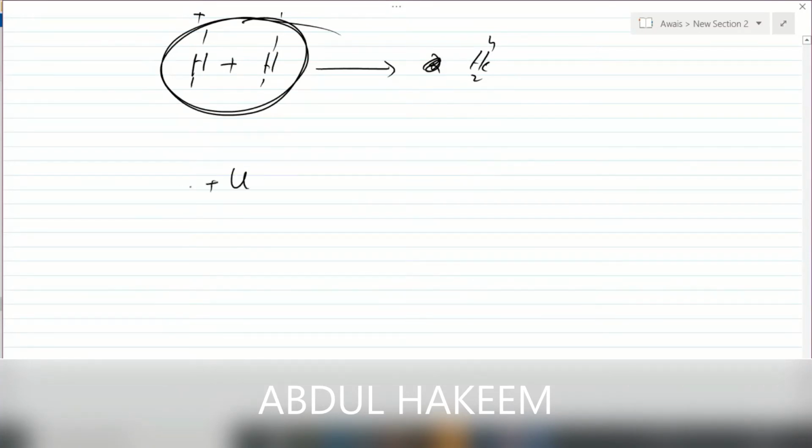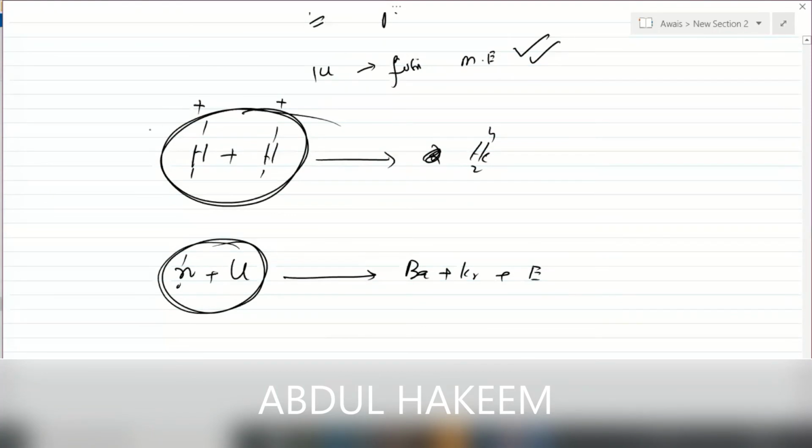Like uranium, one neutron is bombarded, it is divided into two nuclei, barium and krypton, and some energy is released. So no energy is required for the fission, but energy is required for the fusion to overcome the repulsive forces. So this is the natural process, and this is the artificial process, because we have to arrange some type of energy to overcome the repulsion, but it occurs naturally.